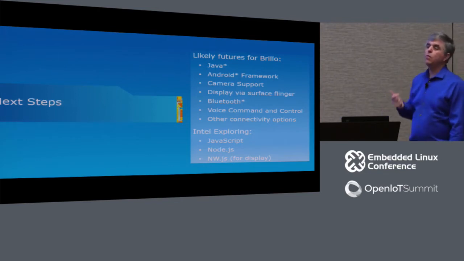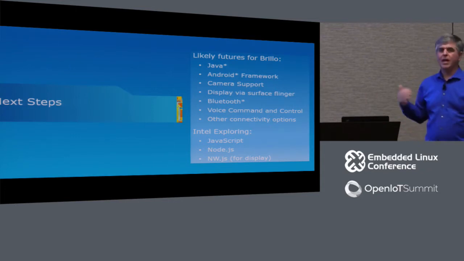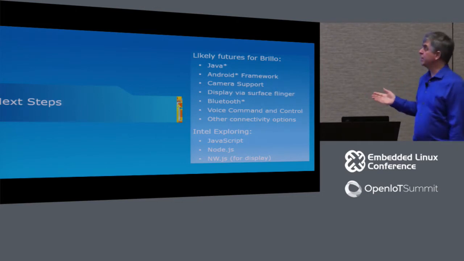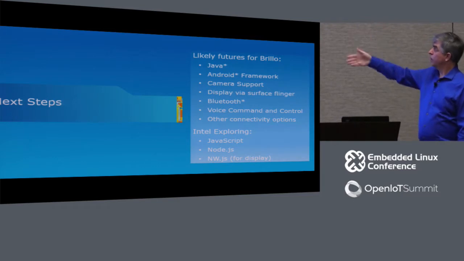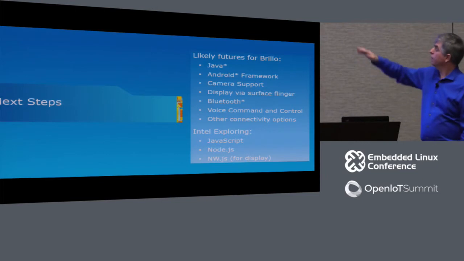Do you want a little more of the framework so you can utilize the crypto, maybe a little more so you can talk to the display? Or do you want a whole lot of the framework so you can, I don't know, possibly do some of the GMS activity once Google makes that available for Brillo? So the question is how far you dial it up and down.